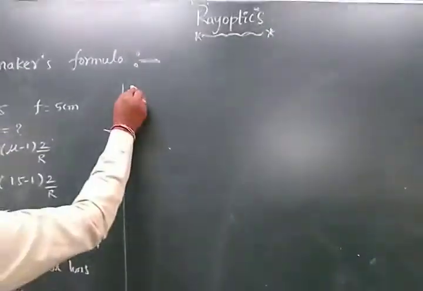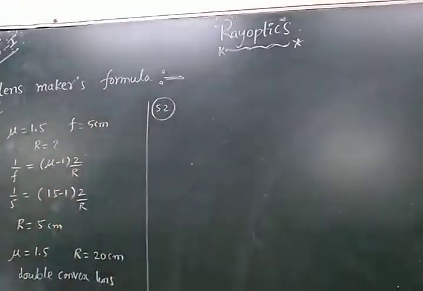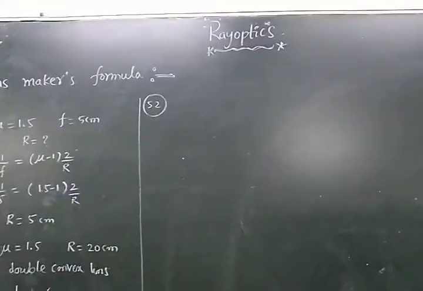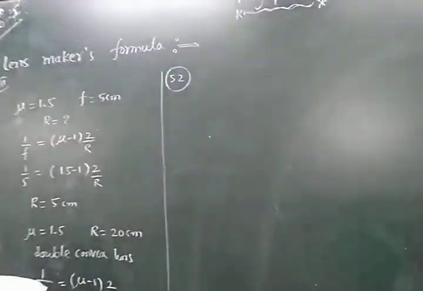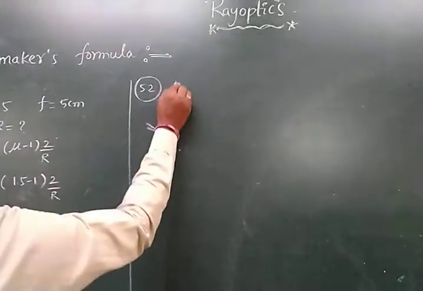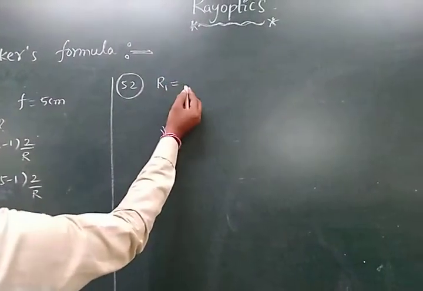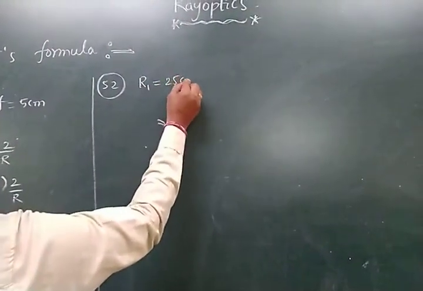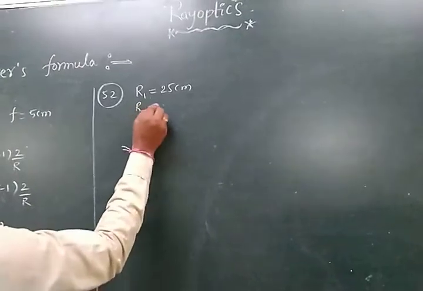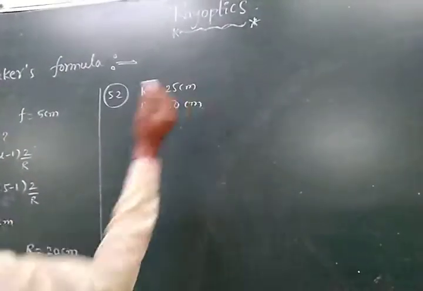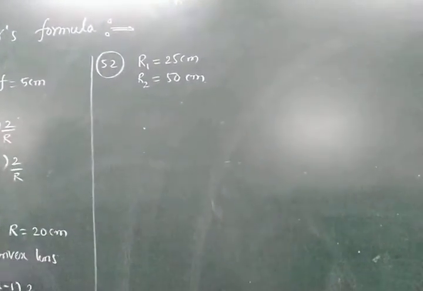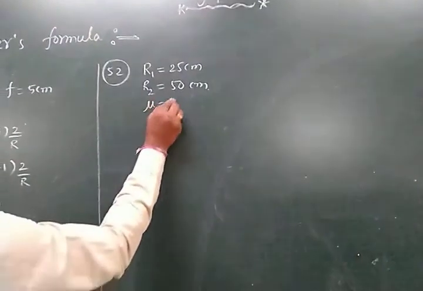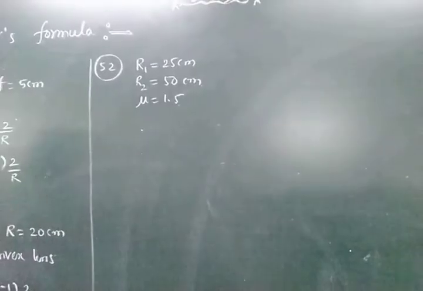Next is question number 52. A diverging meniscus lens has radii of curvature R1 equal to 25 centimeters and R2 equal to 50 centimeters, and refractive index nu is equal to 1.5.